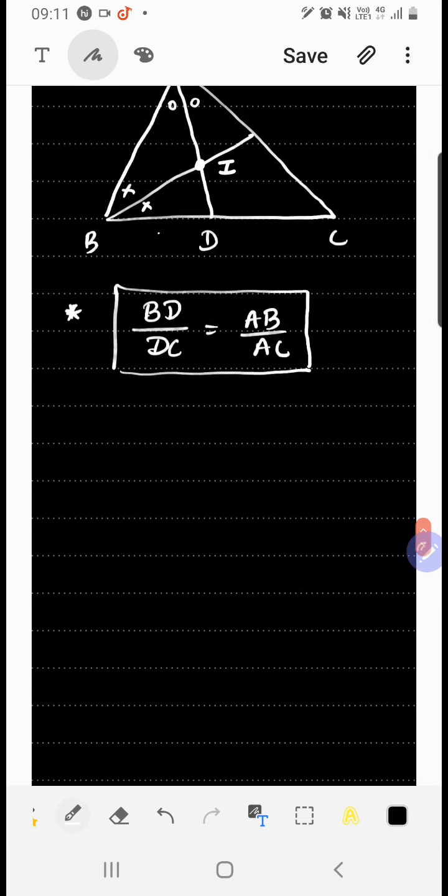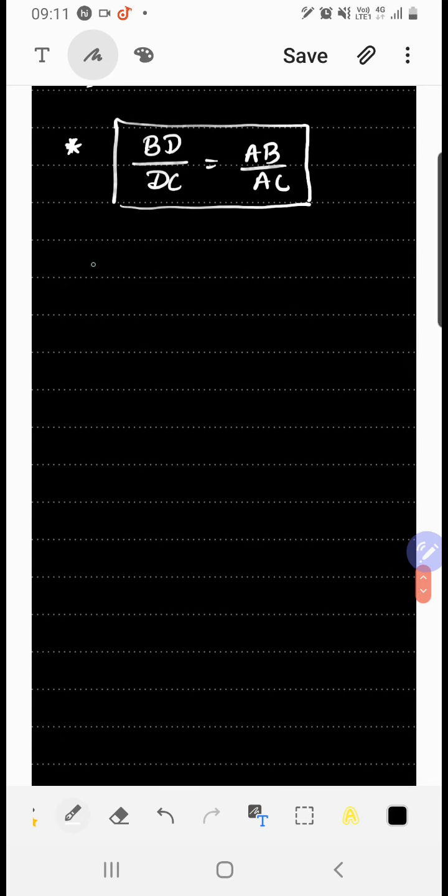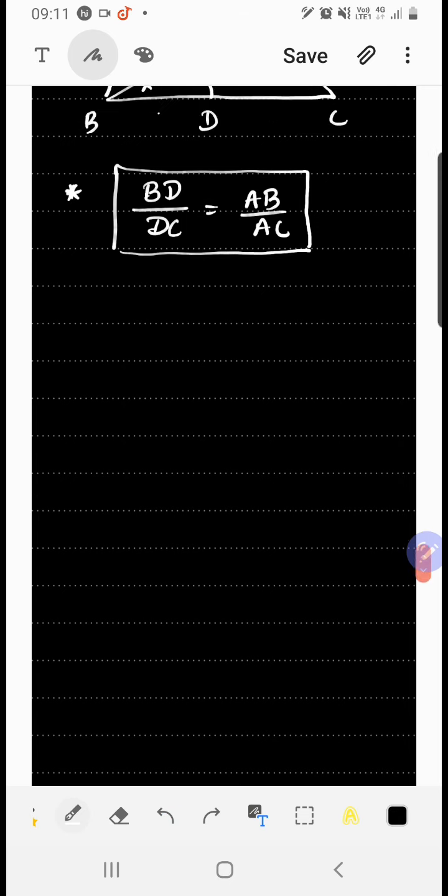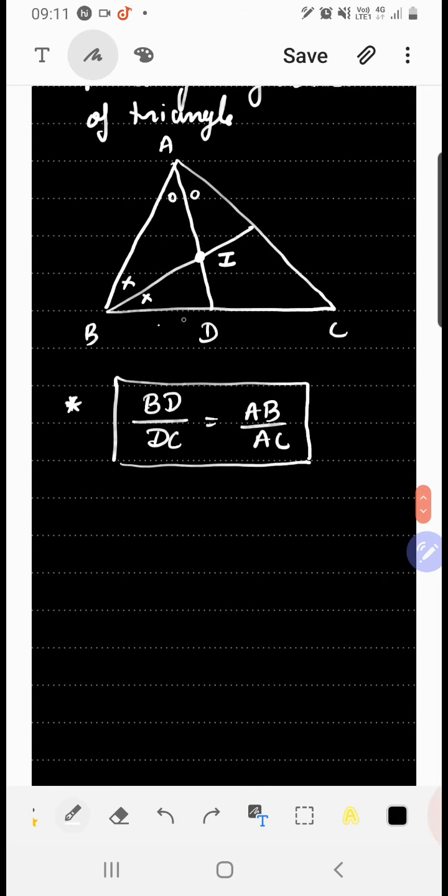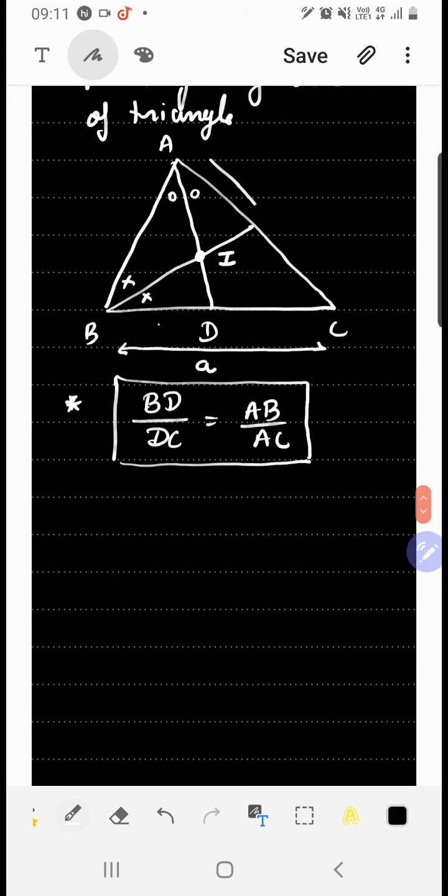Now we take this side as small a: the side opposite to capital A is small a, the side opposite to capital B is small b, and the side opposite to capital C is small c.